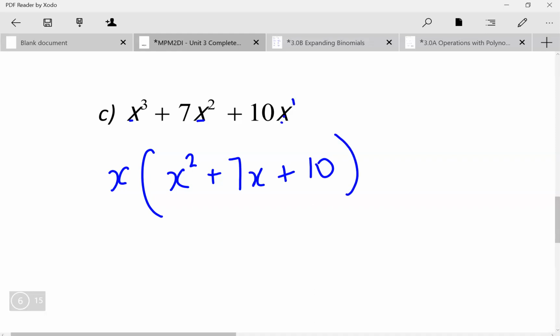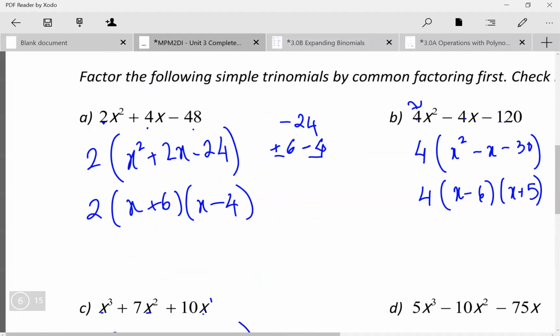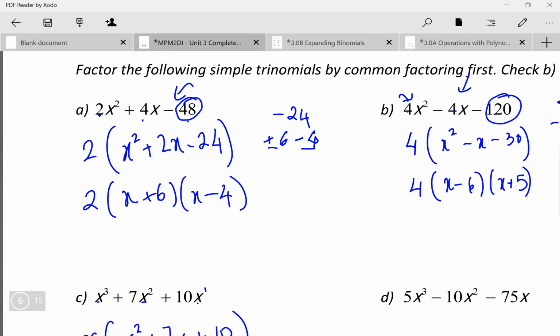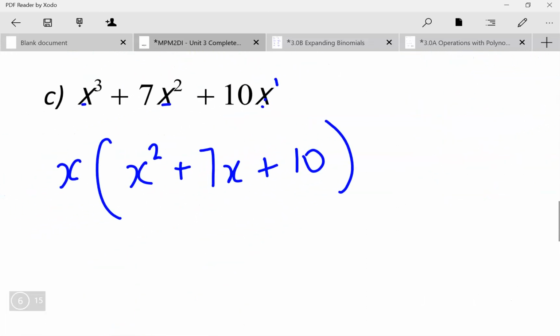The lowest power of x here is 1, which I can take out. And we'll see here that I couldn't really take out the x from these two questions because there was no x in this term. The constant term did not have any x's, so I couldn't factor that out. But here I can, and this is super easy.